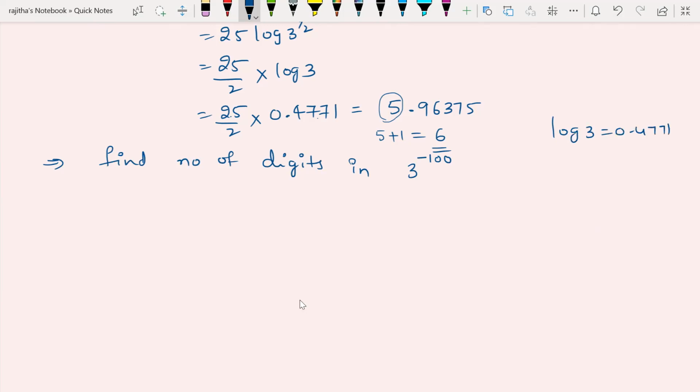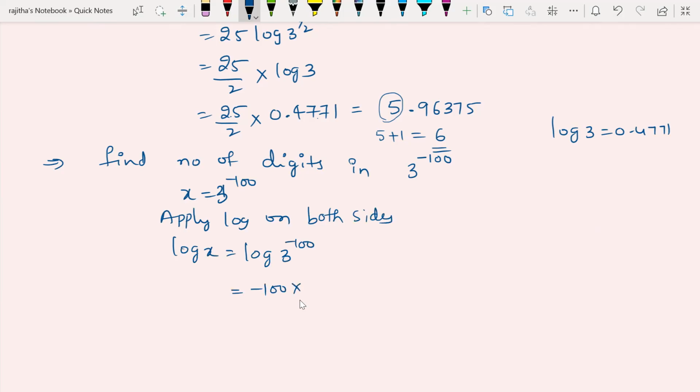Apply log on both sides: log of 3 to the power minus 100 equals minus 100 into 0.4771, which is minus 47.71.